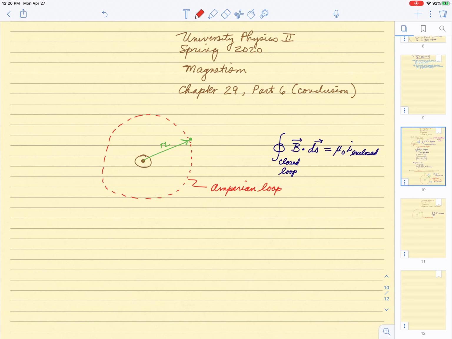And we looked at the dot product here. Actually, we looked at a number of things. The magnetic field from the right-hand rule at points along that Amperian loop is going to be tangent to that loop. So I'll just draw in a couple of these. There's the magnetic field. We're going to have small ds's along that path.